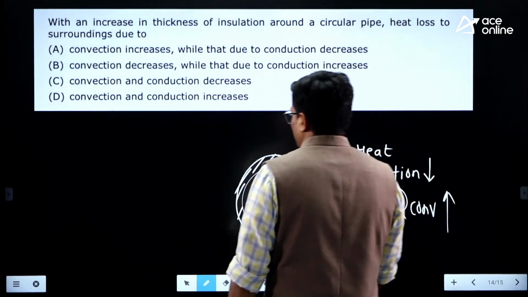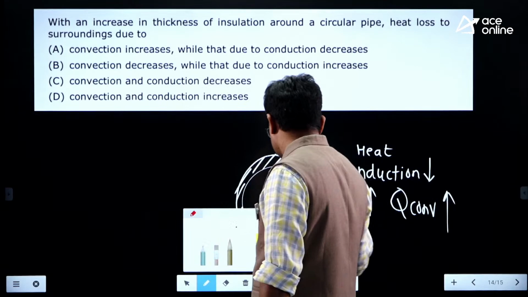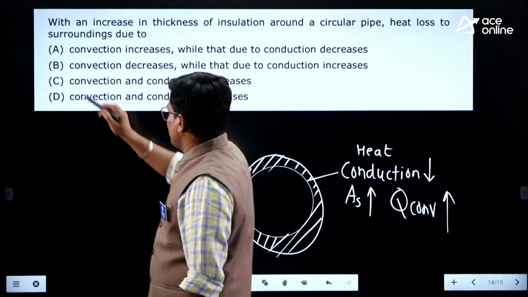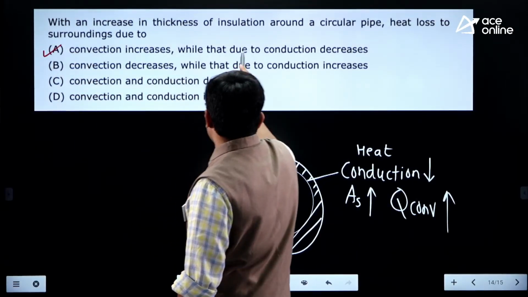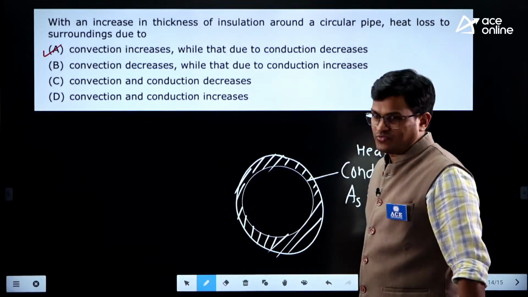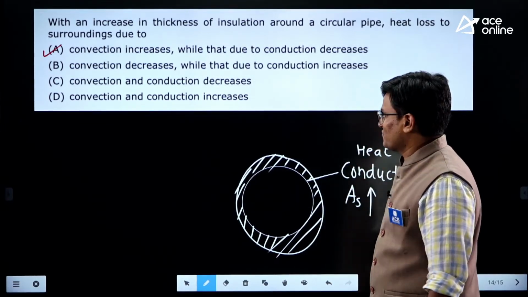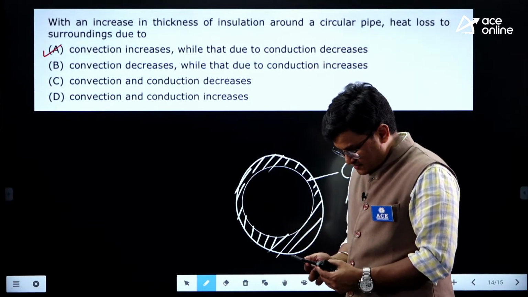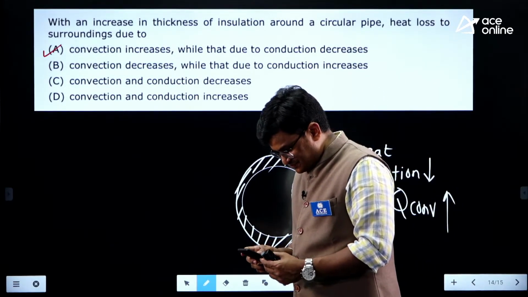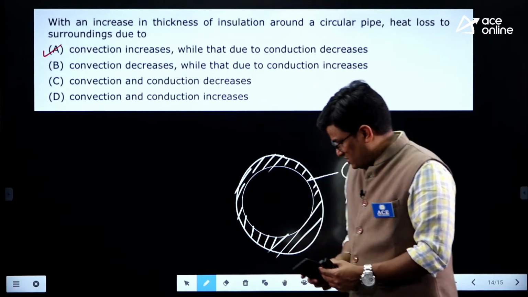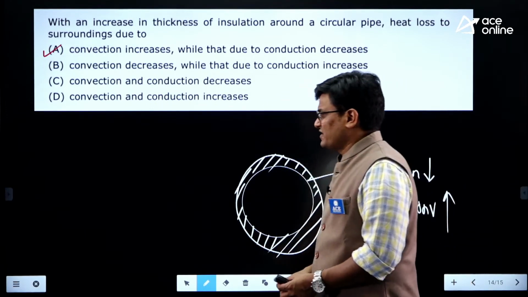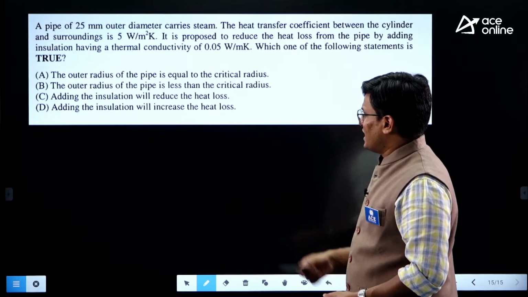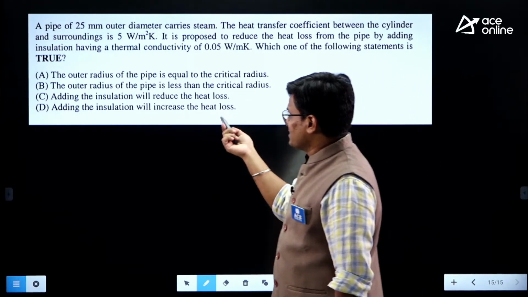Simple. So you can tick this answer: convection increases while conduction decreases. This is your answer. Hope you are able to understand. Very simple topic.